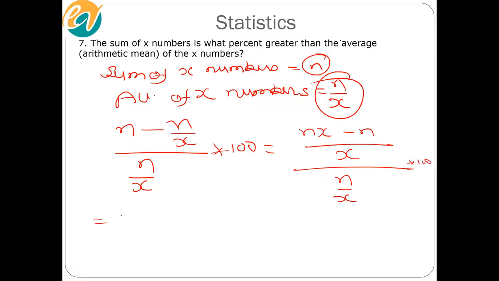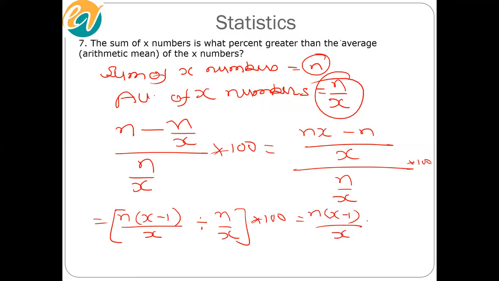So that would be basically N times (x minus 1) upon x divided by N by x, into 100. And since we are dividing two fractions, what happens? Reciprocal, right? So N times (x minus 1) by x into x by N into 100.